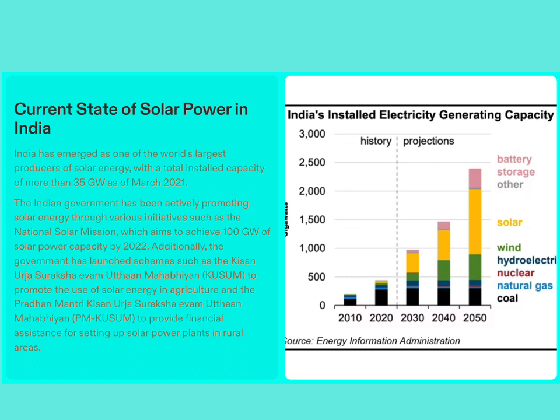Additionally, the government has launched schemes such as Pradhan Mantri Kisan Urja Suraksha Evam Utthaan Mahabhiyan, PM KUSUM, to promote solar energy in agriculture and provide financial assistance for setting up solar power plants in rural areas.